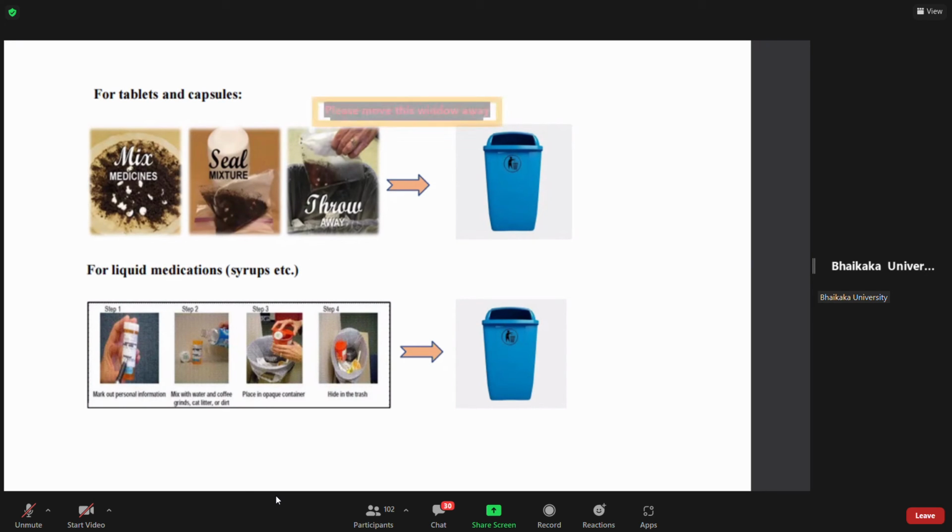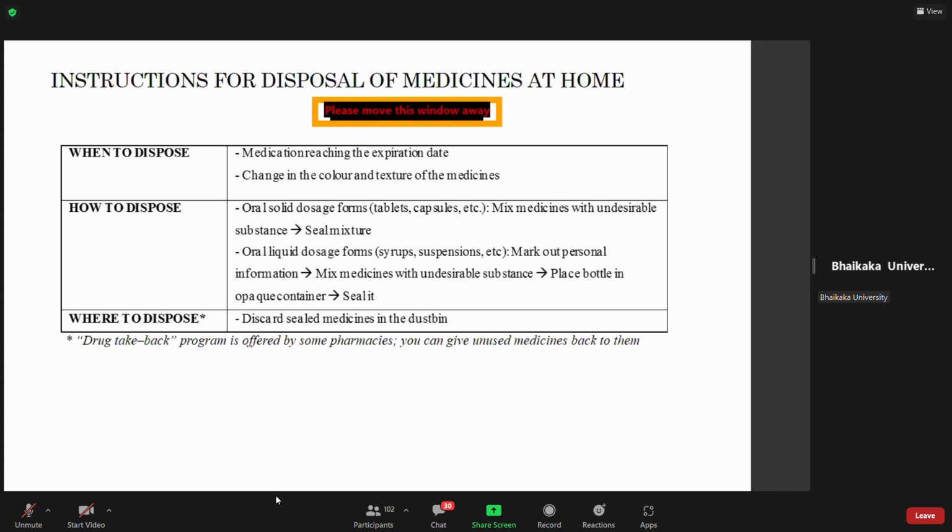Then you have to keep that bottle in some opaque container, and then you can dispose that particular container in a dustbin. A drug take back program is offered by some pharmacies. So when this program is there, you can give back the medicine to that pharmacy also.